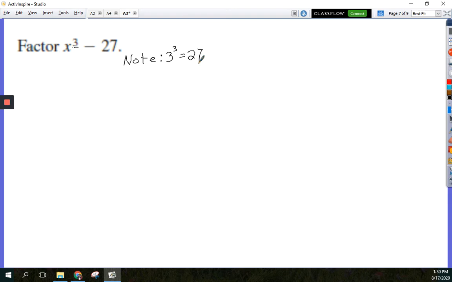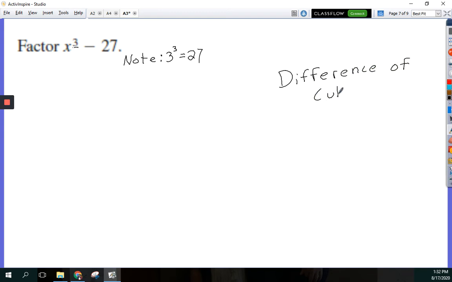You might not recognize that right off the bat because you don't have as much experience with cubes. But just like now you should be able to recognize that 4, 9, 25 are all perfect squares, the more that you deal with cubes, the easier that it gets to recognize those perfect cubes. And the reason why we want to recognize that is because if we have a binomial that is made up of perfect cubes, just like with our perfect squares, we have a formula for our difference of cubes.